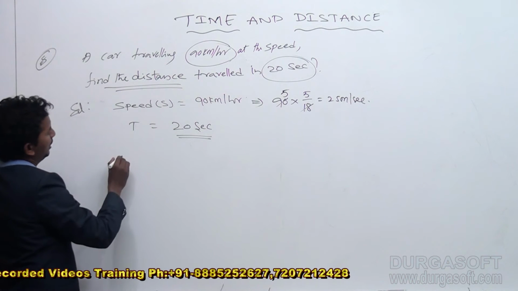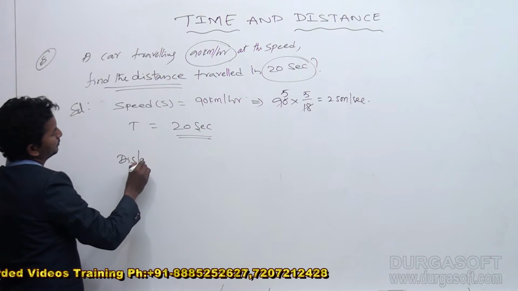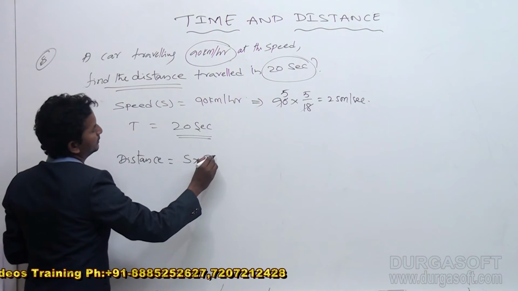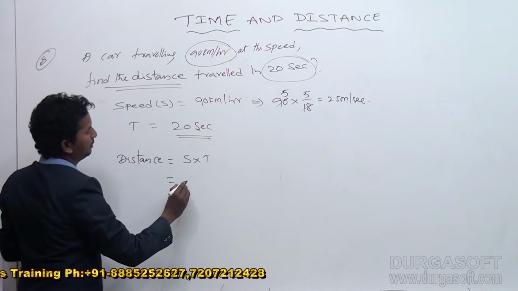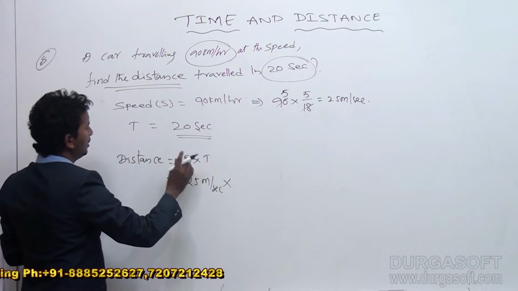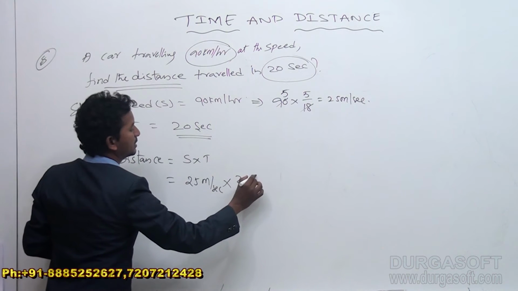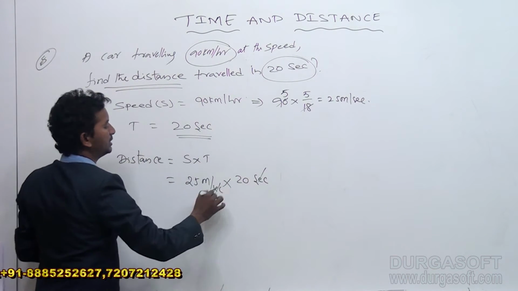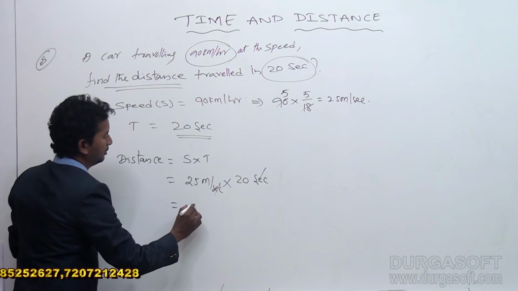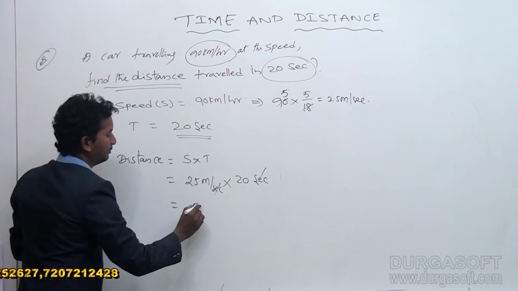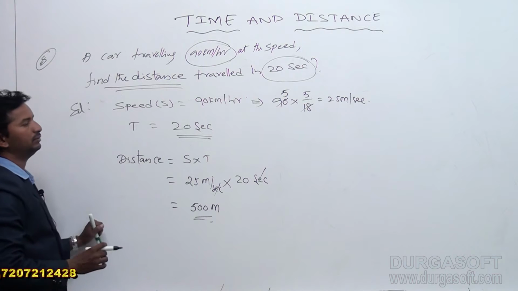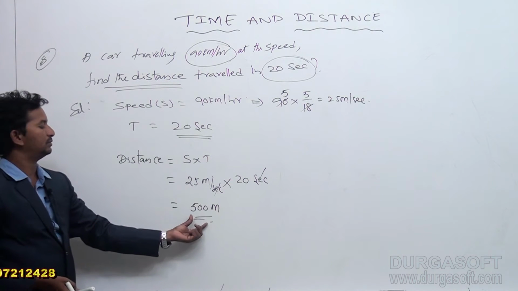Distance is equal to speed into time, which is 25 meter per second into 20 seconds. The seconds will be cancelled. 25 into 20 is 500 meters. The distance is 500 meters.